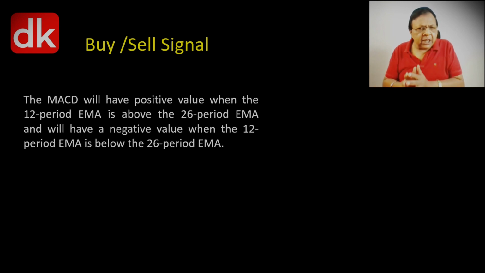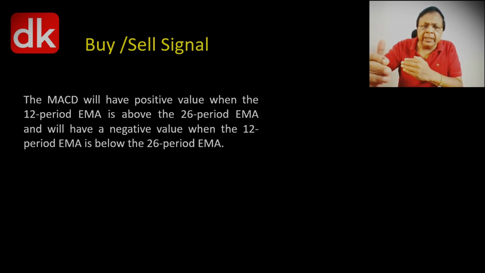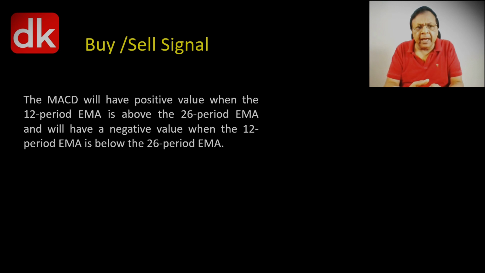We have just explained that the MACD line will have a positive value when the 12 period exponential moving average is above the 26 period exponential moving average, and will have a negative value if the 12 period EMA is below EMA 26.